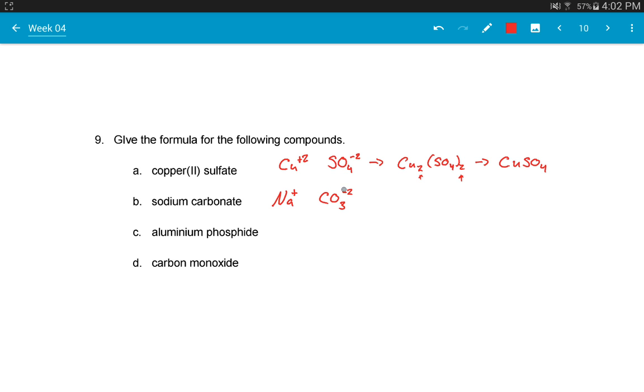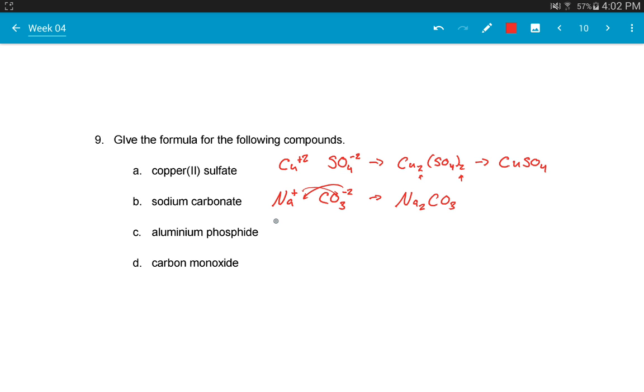If I cross the charges on this one, I'm going to end up with Na2CO3. And even if those numbers had been where you could reduce them down, the CO3 is part of a polyatomic ion. We do not reduce the subscripts within the polyatomic ion, only the ones that might fall outside of the parentheses.